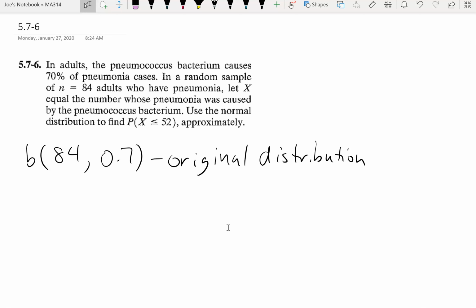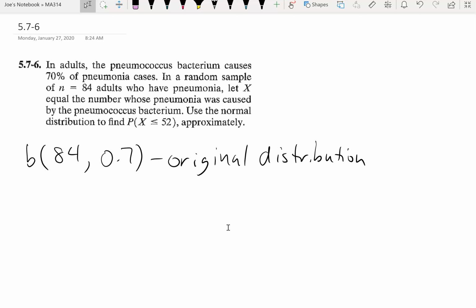I want to make sure that when I do my normal approximation, I catch 52 with a continuity correction. So when we do this for the normal distribution, I'm going to start at 52.5 and go down. Okay, so we go halfway in the interval and make sure I catch 52.